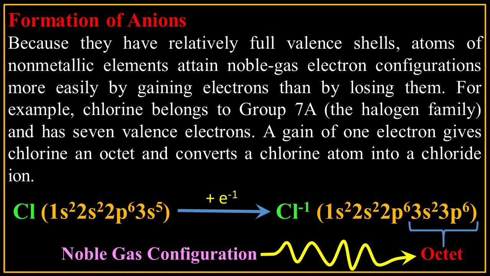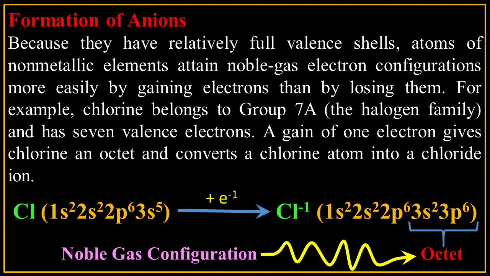Because they have relatively full valence shells, atoms of non-metallic elements attain noble gas configurations more easily by gaining electrons than by losing them. For example, chlorine belongs to group 7A, the halogen family, and has 7 valence electrons. A gain of 1 electron gives chlorine an octet and converts a chlorine atom into a chloride ion.